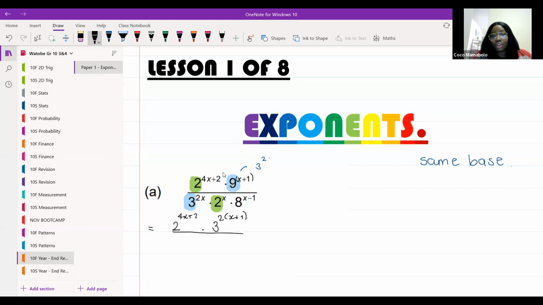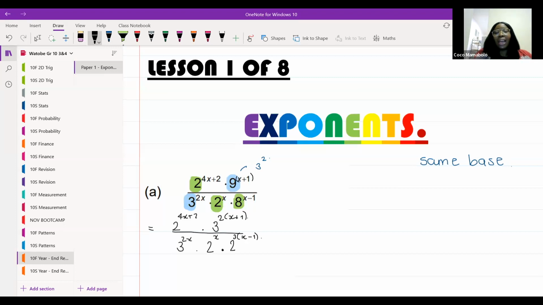Over, and at the bottom, we've got 3 to the power of 2x times 2 to the power of x multiplied by, now, how else can I write 8 so that it has one of the bases that I want? Correct, good. We're going to rewrite it as 2 to the power of 3. And because that x minus 1 is still there, we're going to put it in there, x minus 1.